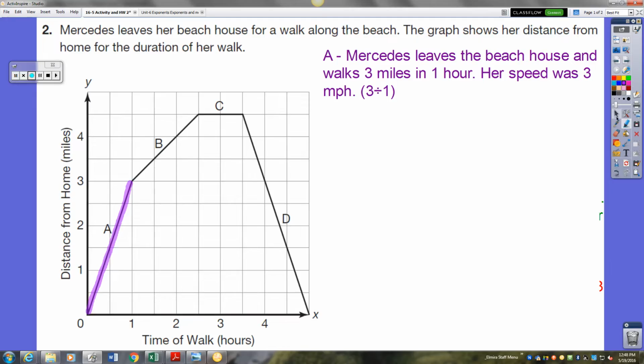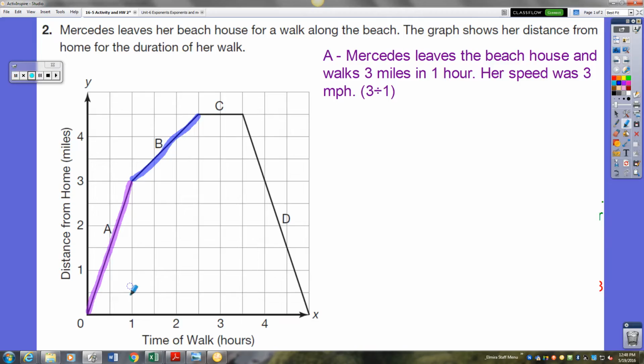Now in this next section, you can tell by looking at the slope of the line that she slowed down. It's not as steep. So she went from this point right here to this point right here on the graph. She went from 3 miles to 4.5 miles. So she went 1.5 miles.